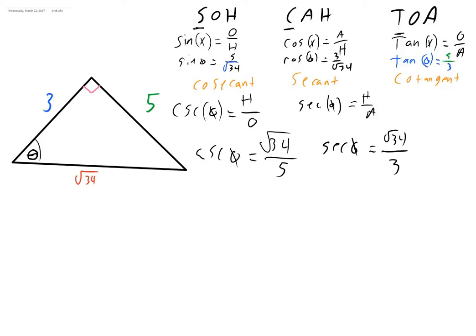And then cotangent, we just keep with the same pattern. So cotangent, COT of theta, is adjacent over opposite. So in this case, cotangent of theta is 3 over 5.